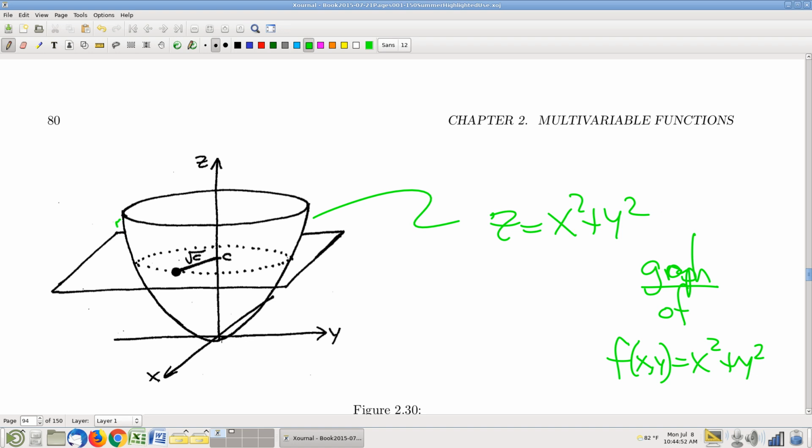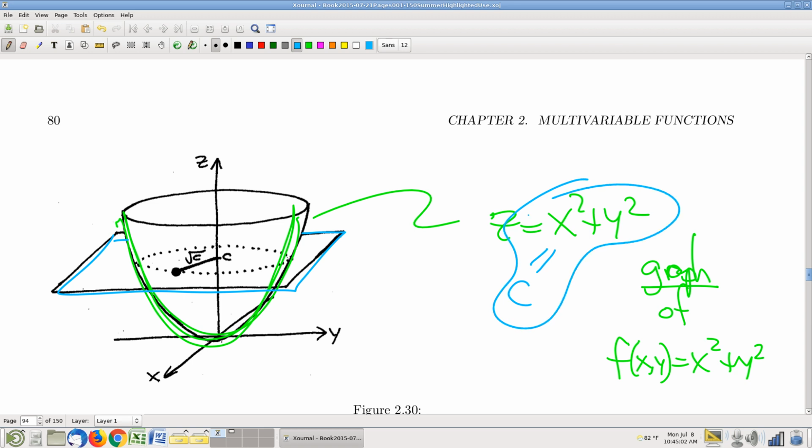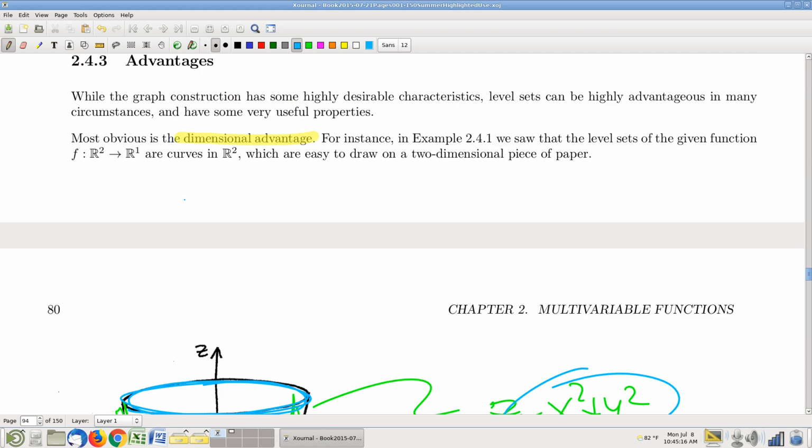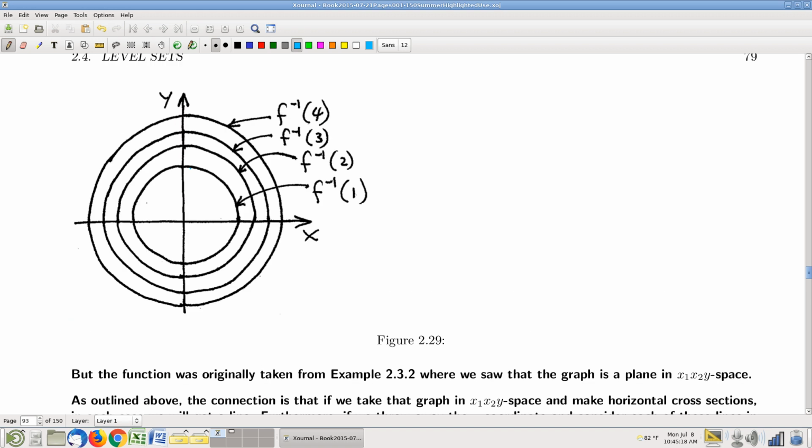And then notice you take this graph, you take cross sections by setting z equal to a constant. You set z equal to a constant, and you are effectively setting f equal to a constant, and you get circles. Of course, now you get smaller circles down there. You get larger circles up the higher up you go, and your level sets are, as I have drawn here, a bunch of concentric circles.